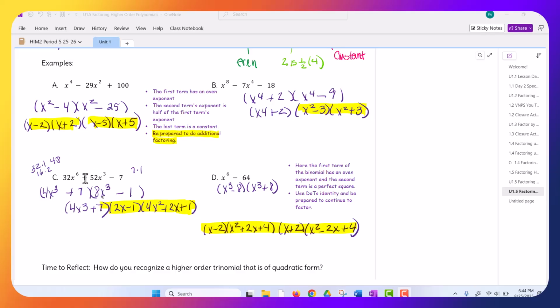And we have to have one plus and one minus, and the net that we have to get out of that combination of that leading coefficient and then our 7 is to end up with 52x squared. And so if we use the 4 and the 8, we'd have our 56 minus 4, which would give us 52.